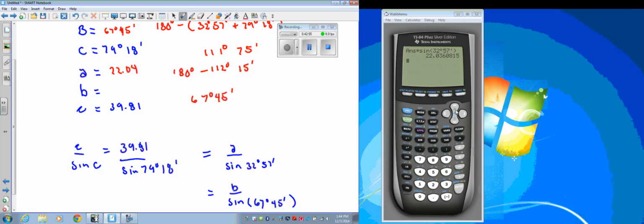Did I delete stuff out? So I have to do the ratio again. Go up one more. Right there. Yep. And then just change your angle.